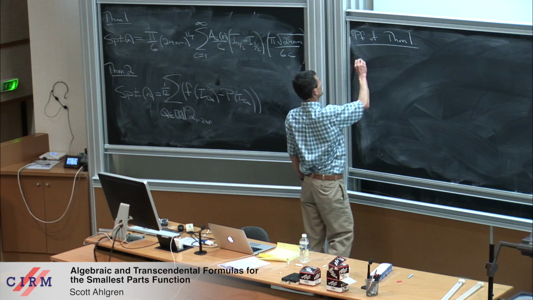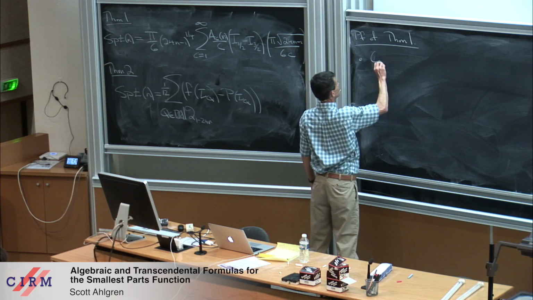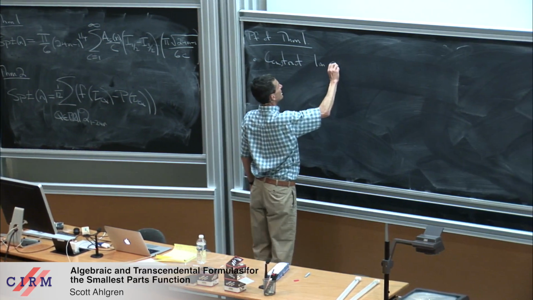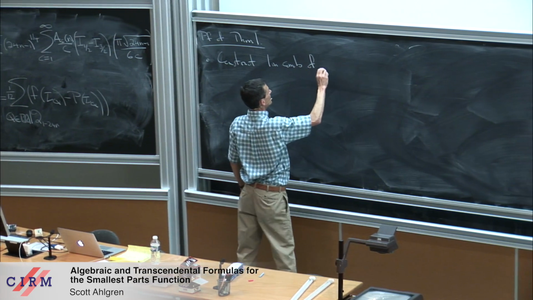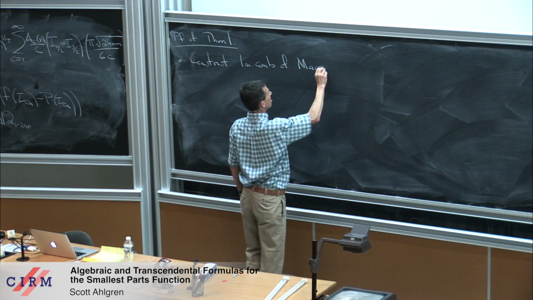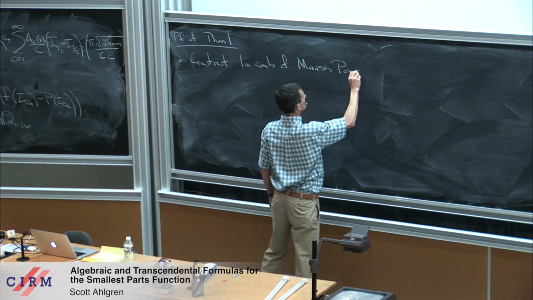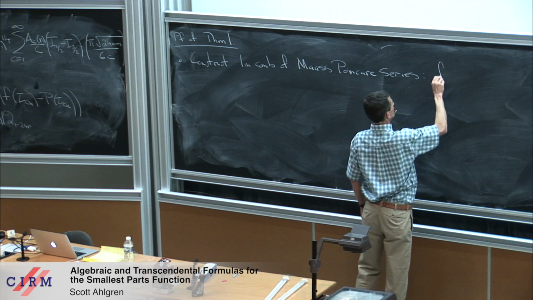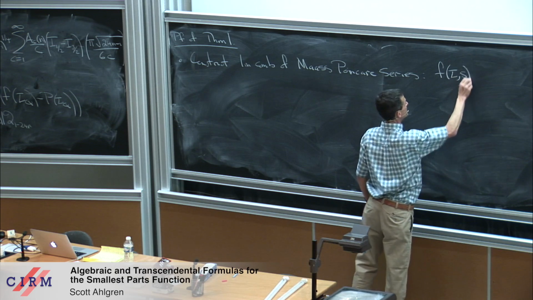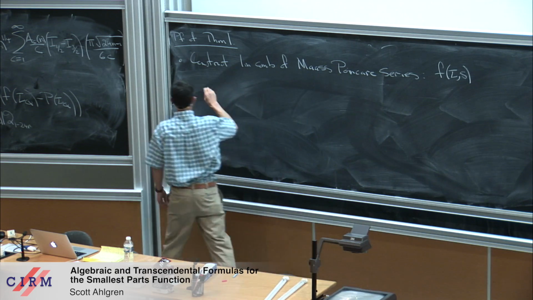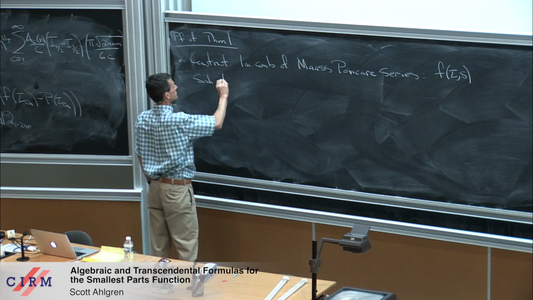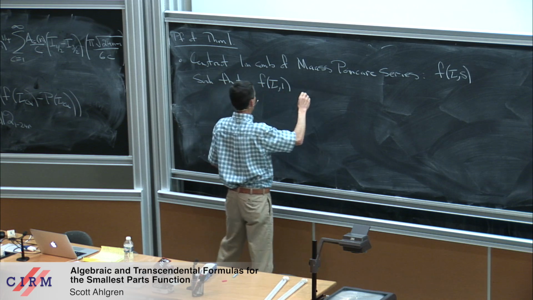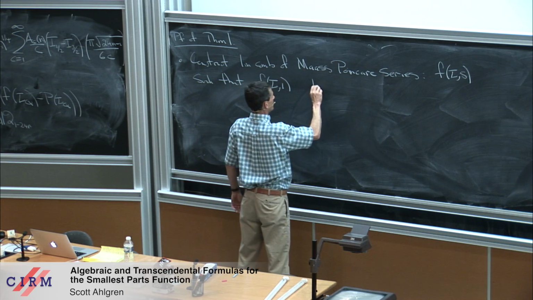To be vague, we construct a linear combination of Maass-Poincare series, which I'll call f of tau s, such that f of tau 1 really looks like f of tau.